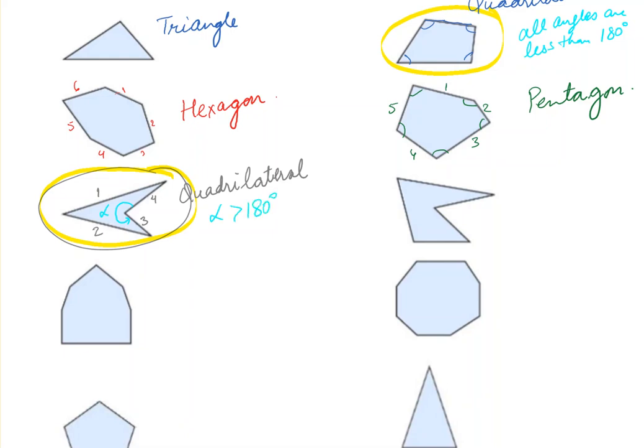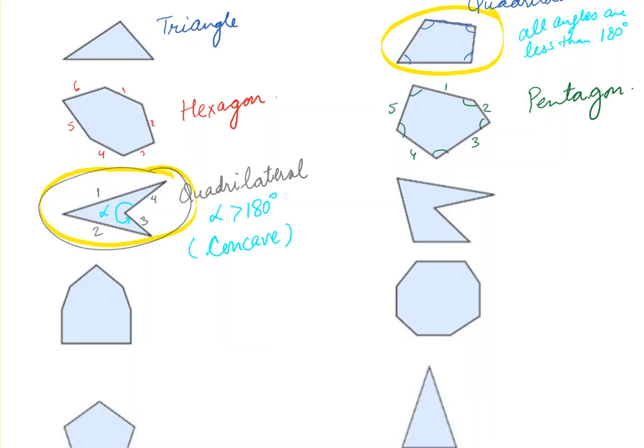So if we have a polygon with an angle whose measure is greater than 180 degrees, those are called concave polygons. But if we don't have any angle greater than 180 degrees, then we call them convex polygons.